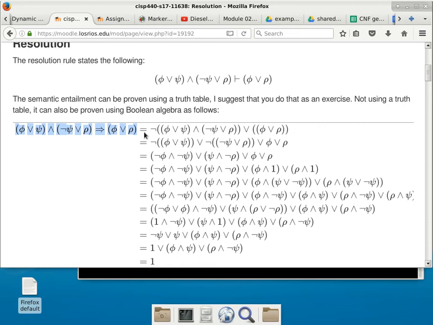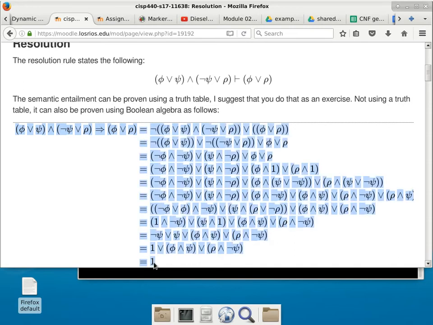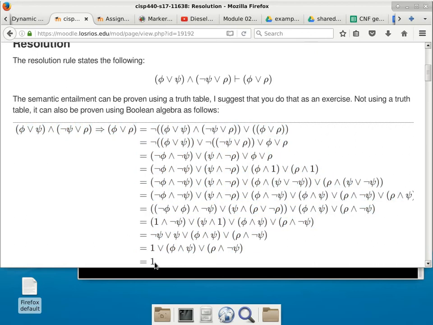But regardless of whether you use a truth table or Boolean algebra, the conclusion is no matter what you put into phi, psi, and rho, in each row it's going to be a 1. And that is how we can prove that the inference rule is sound, because it does make sense. Is that okay?